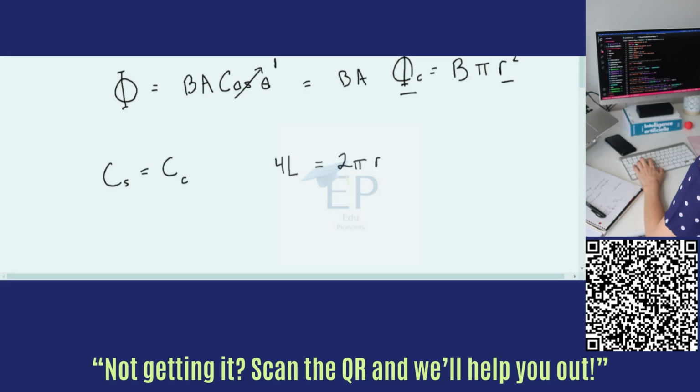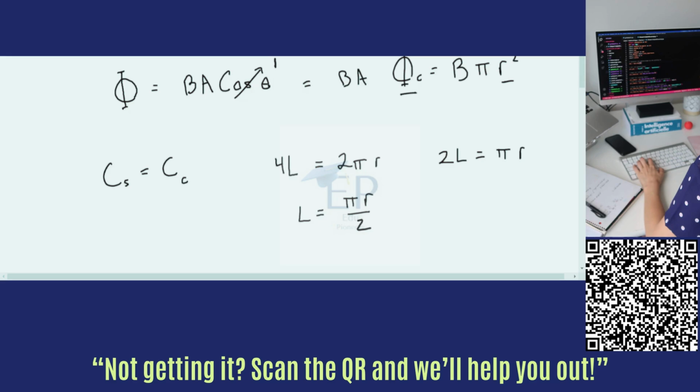So if we divide both sides of that equation by 2, we'll have 2L equals pi r. Or if we want to even go further and divide both sides by 4 initially, we'll have L equals pi r over 2.